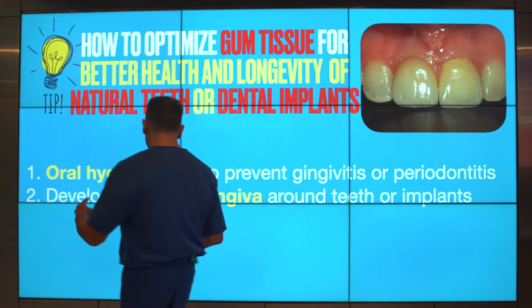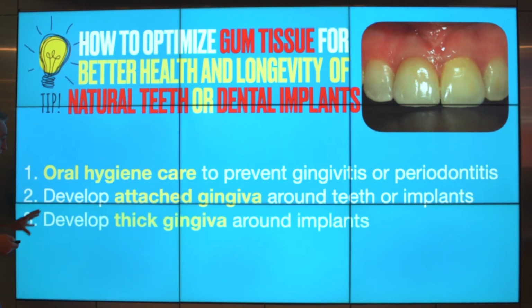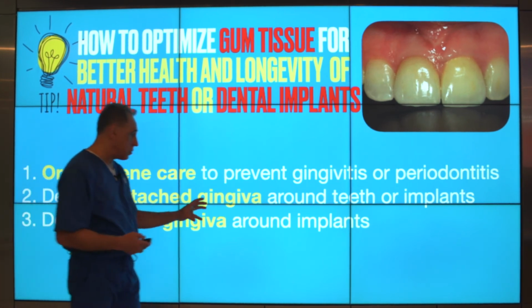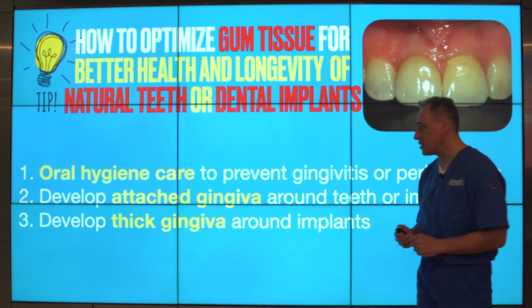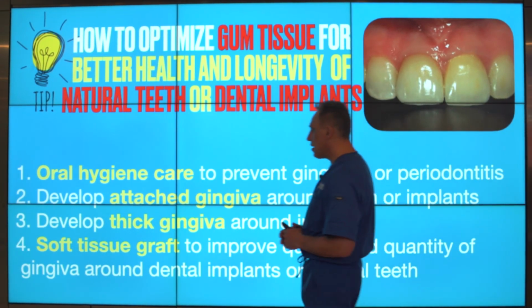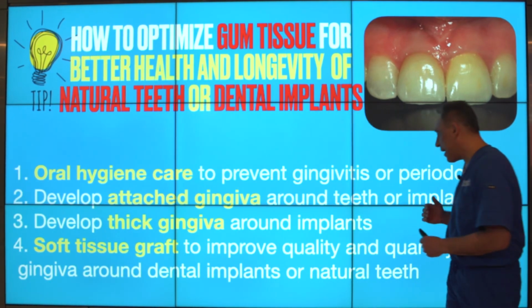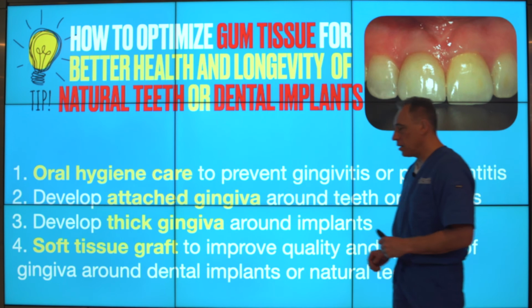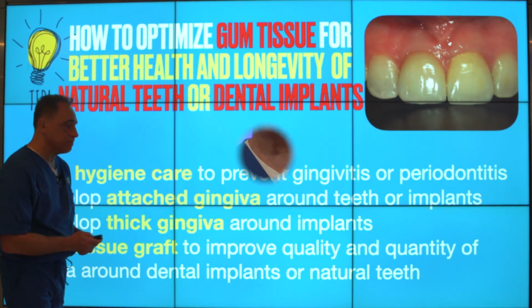Second, to develop attached gingiva around teeth and implants, as well as develop the thick gingiva tissue bioform around both implants as well as teeth. And when they're inadequate, to use various soft tissue graft techniques to improve the quality and quantity of that gum tissue or gingiva around dental implants and teeth.